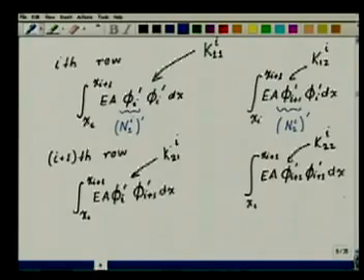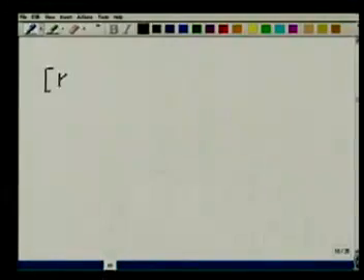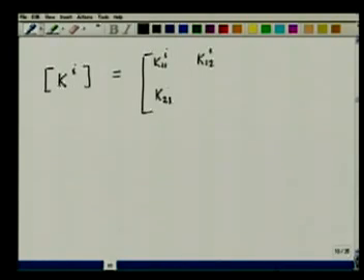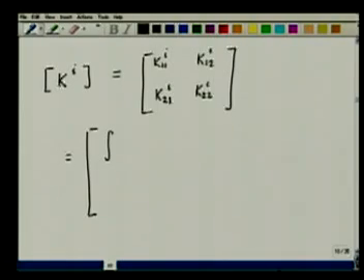So naturally this comes in terms of the element convention as the matrix K for the element I equal to K11 of element I, K12 of element I, K21 of element I, K22 of element I. And this will be equal to, let me rewrite it again, the integrals all in terms of the element quantities.